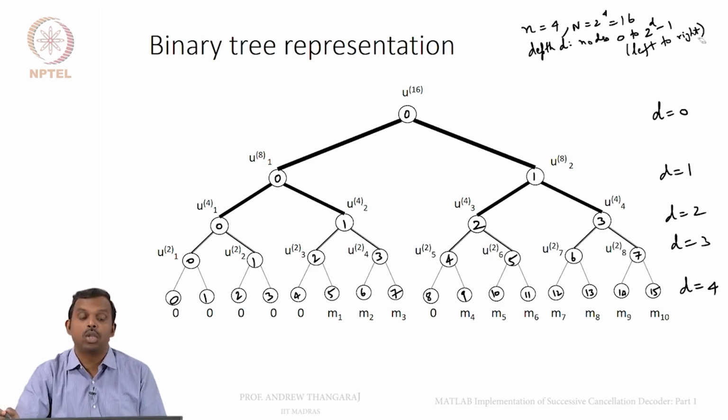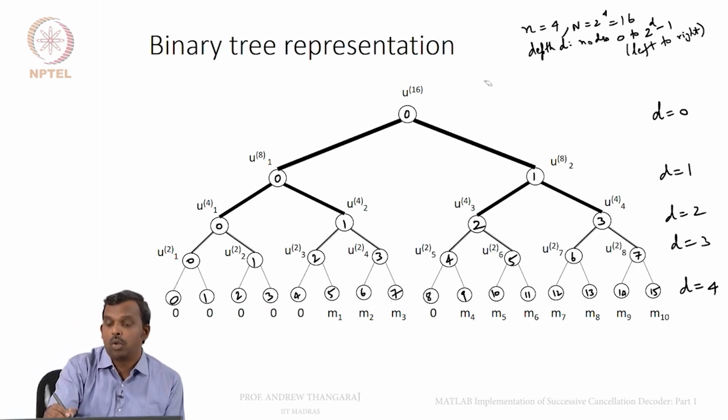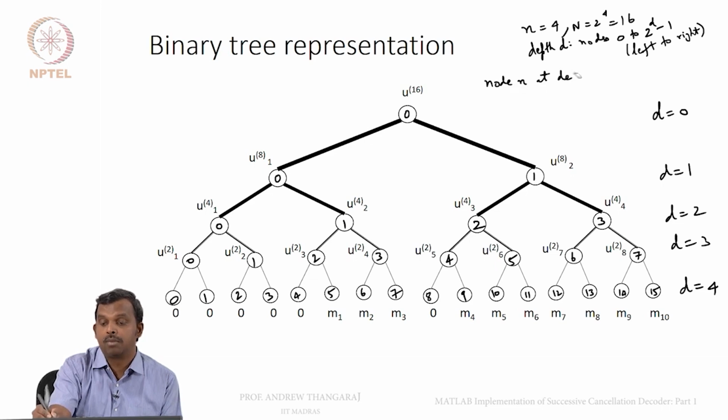I've represented each node, and then from each node, I need to know what its parent is, and what its left child and right child are. So if you have node n at depth d, what is the left child, what is the right child, and what is the parent?